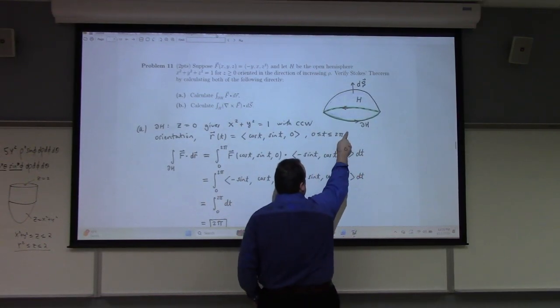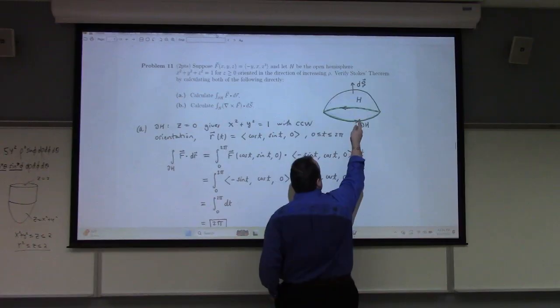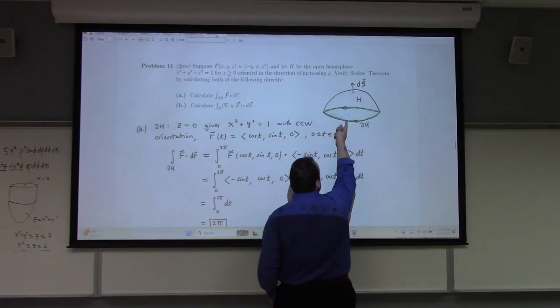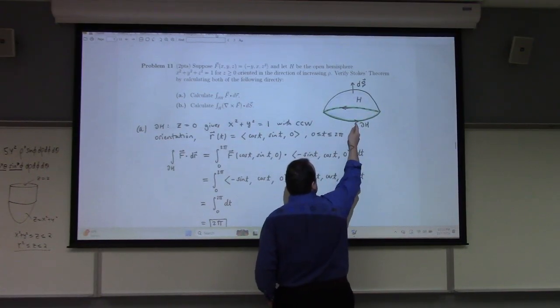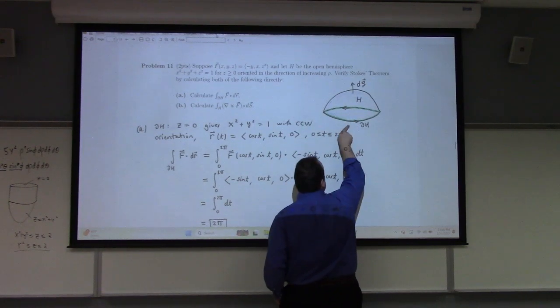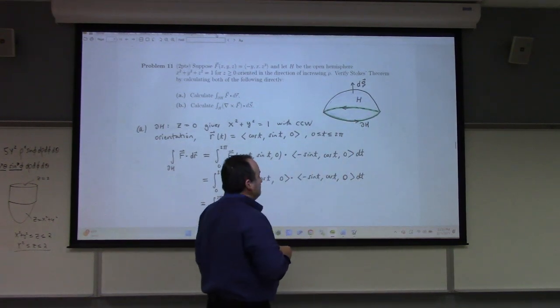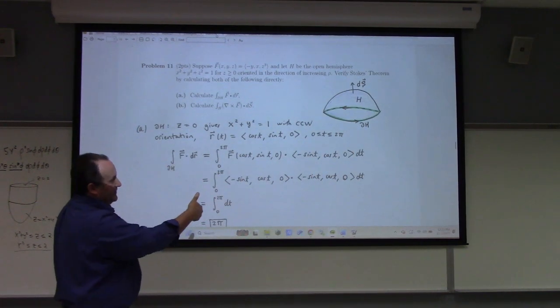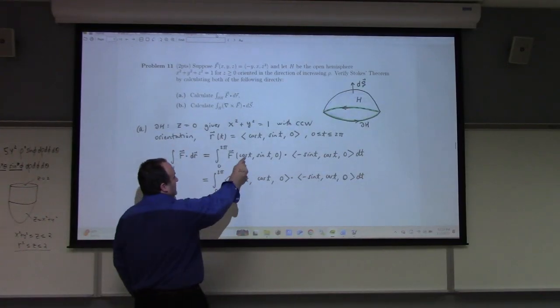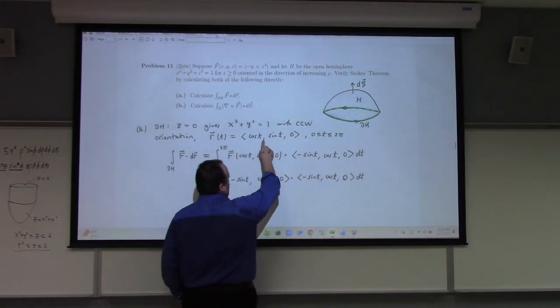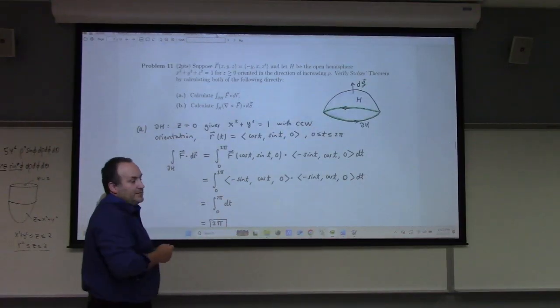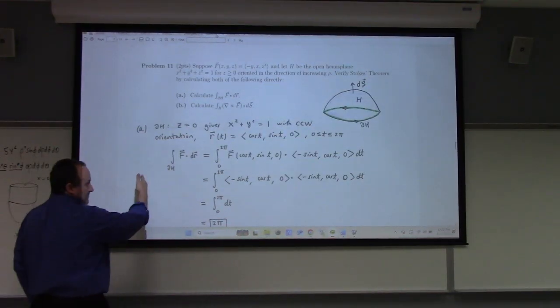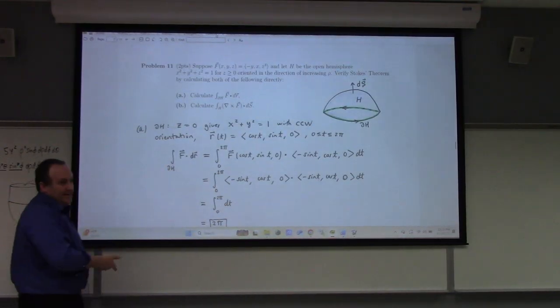If I imagine myself a little dude walking along the edge, the surface is on my left if I'm walking this way, right? So that's counterclockwise oriented, and these are the formulas to parameterize a counterclockwise unit circle, and then the line integral works out to 2 pi.